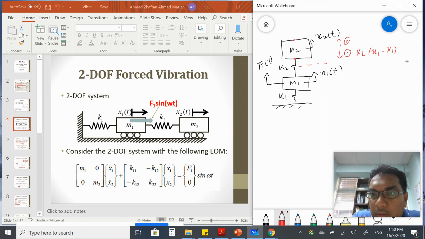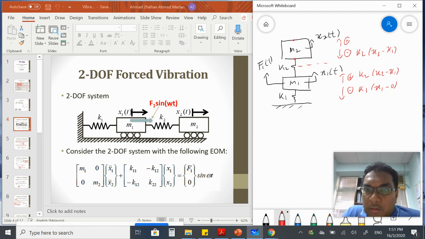For the plus part we have K2 times X2 minus X1, and for the below part we have K1, which is basically X1 minus 0, so we don't include this 0 part.